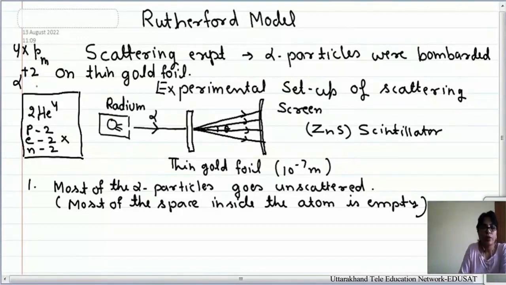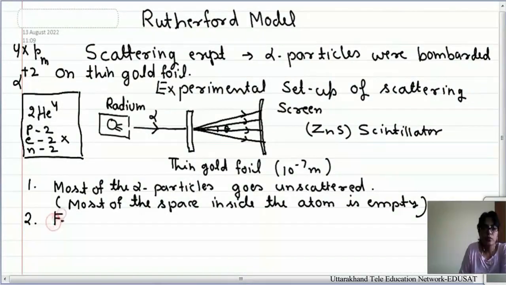So this is the property of the alpha particle. And then we have the gold foil. In the gold foil there is a nucleus, which has positive charge. So most of the alpha particles go unscattered. It means that most of the space inside the atom is empty.